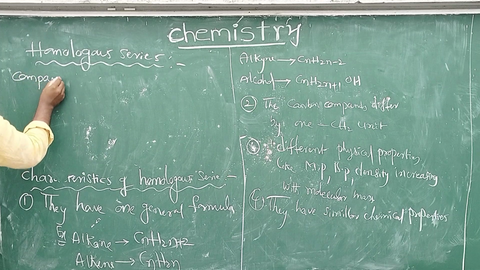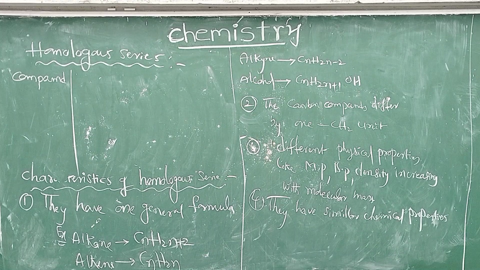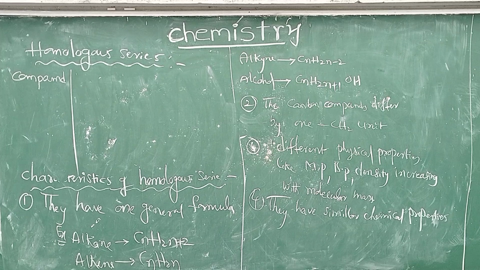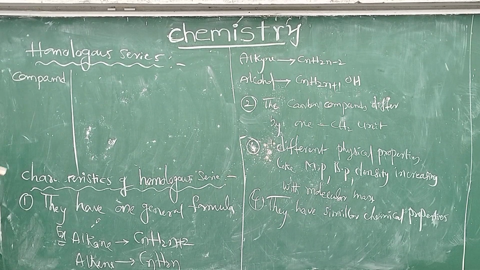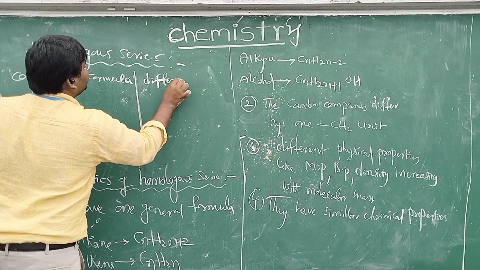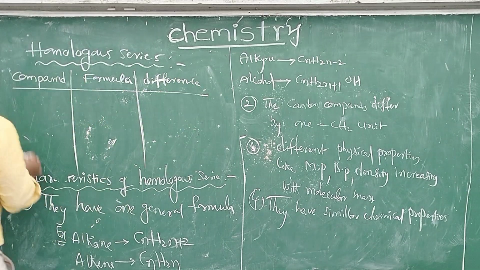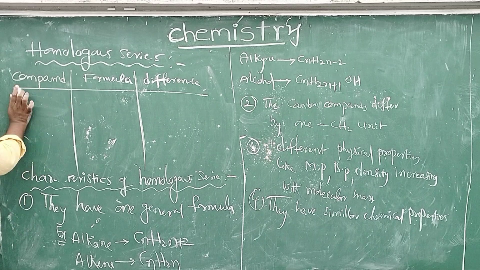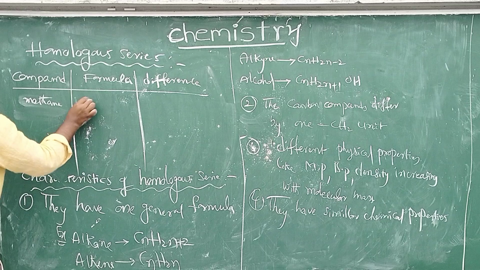Okay, next, if you take an example here of homologous series, you can observe the compound, formula and difference. If you take the compound CH4, methane, the chemical formula is CH4.